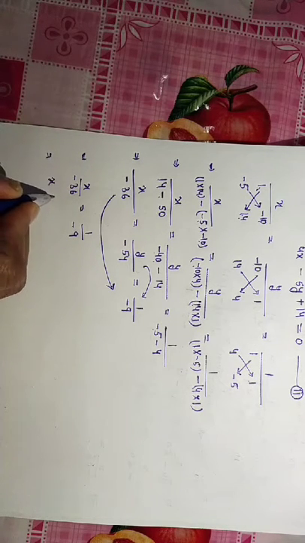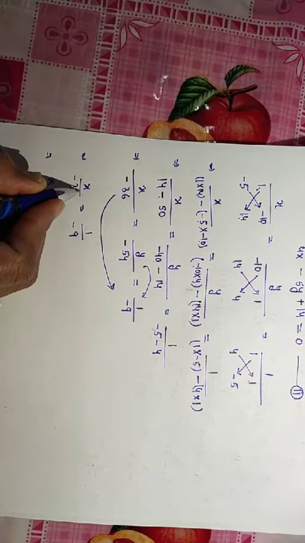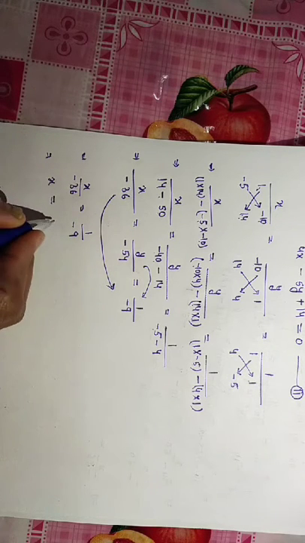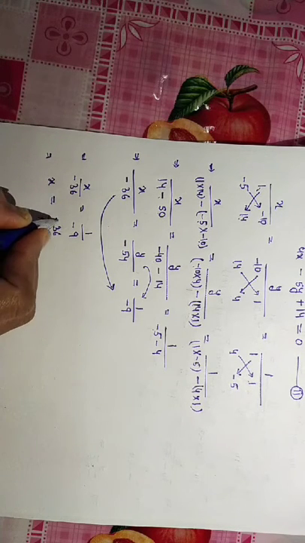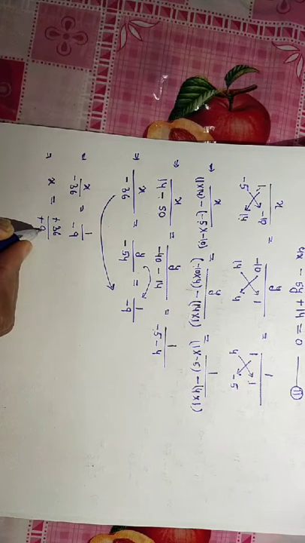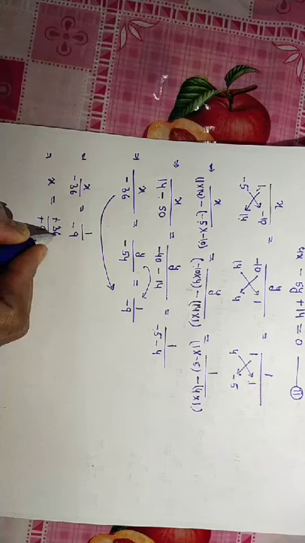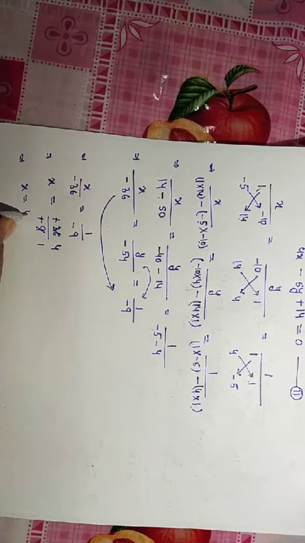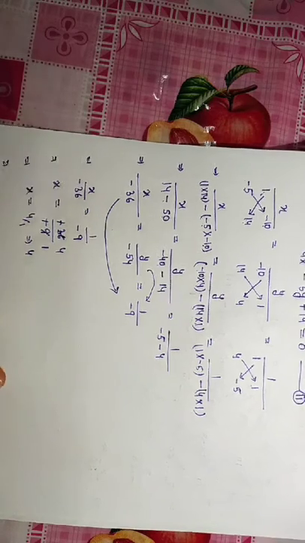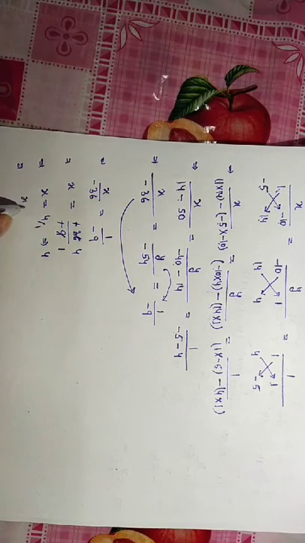For finding the value of x, we transfer the denominator of x to the RHS and we get minus 36 upon minus 9. Minus cancels minus, and 36 divided by 9 is 4, and 9 divided by 9 is 1, and we get x equal to 4 upon 1, or we can say 4. The value of x is equal to 4.